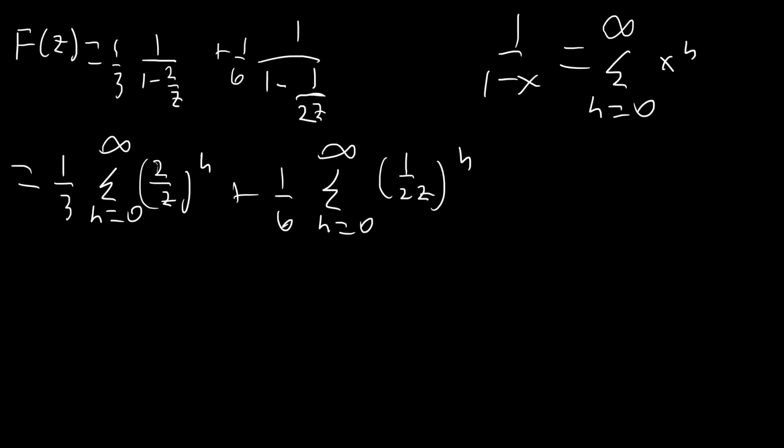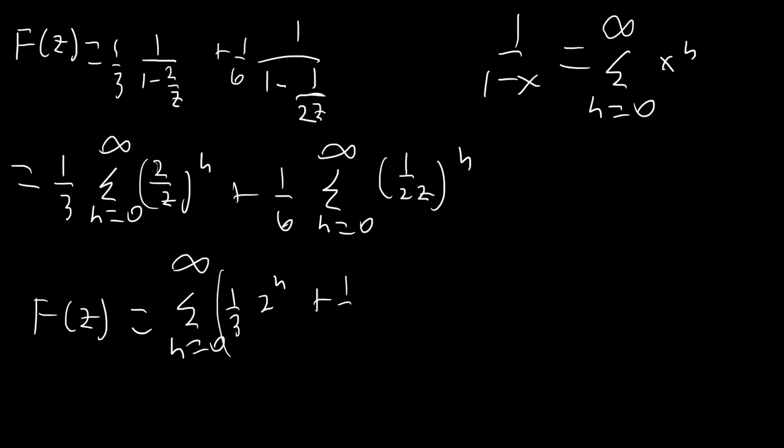And this is exactly what we needed in order to evaluate our original expression. We needed to expand it as some powers of z to the negative n. So if I just go ahead and reorganize the sum into one, we're going to get that f of z equals the sum from n equals 0 to infinity of 1/3 times 2 to the n plus 1/6 times 1/2 to the n, all times z to the negative n.